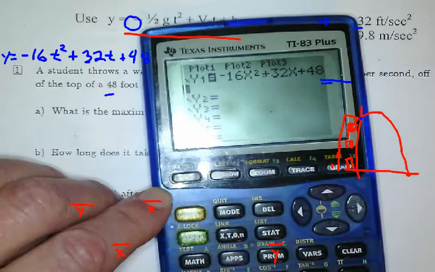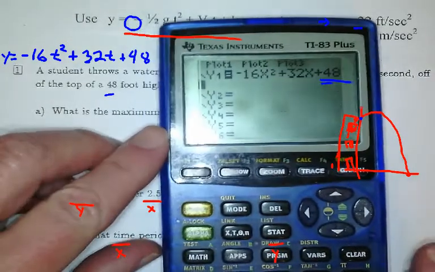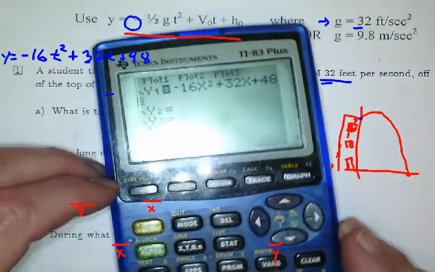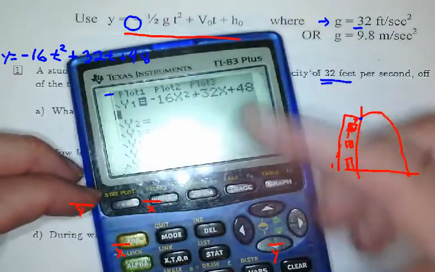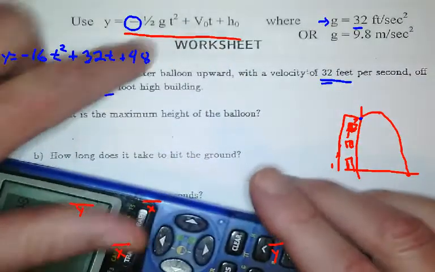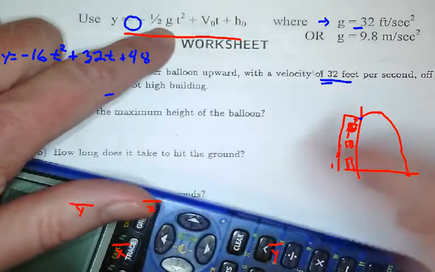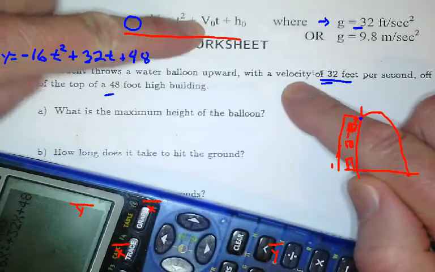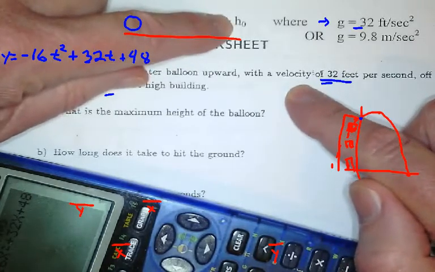Okay, negative 16x squared plus 32x plus 48. I use x in here because that's the way the calculator works. Here t stands for time, g stands for gravity, v is the initial velocity, and h is the initial height.